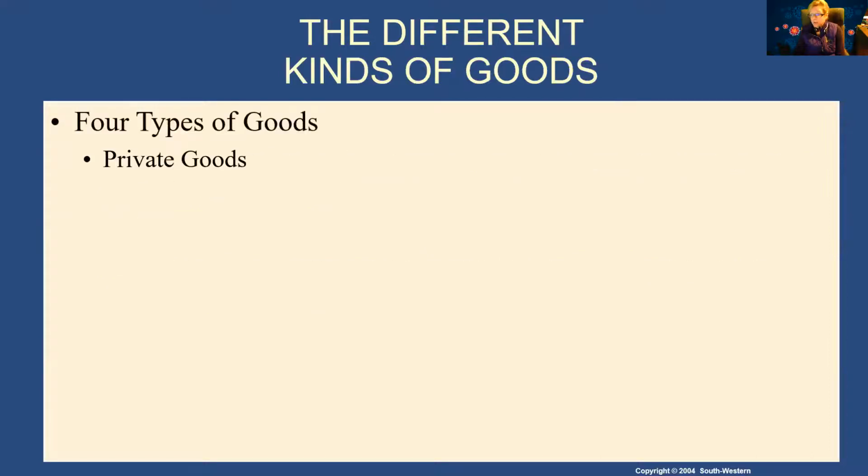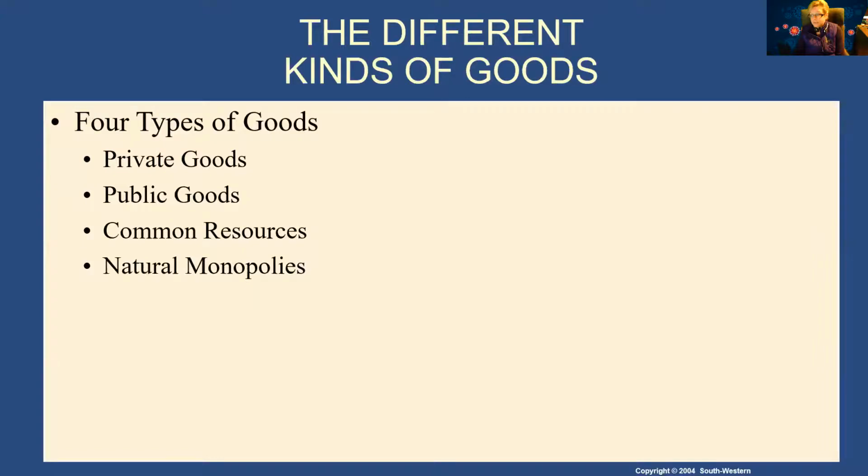So here are 4 types of goods. Okay, so we have private goods, and private goods are going to be excludable because they have a price attached to them. And they're going to be rival in consumption. One person's use precludes someone else's.